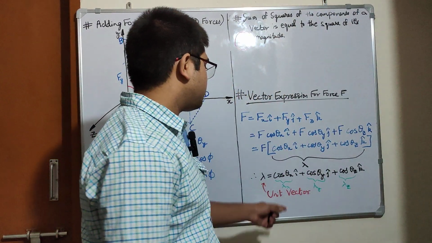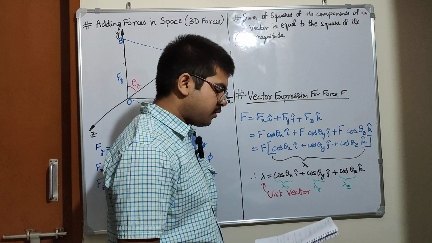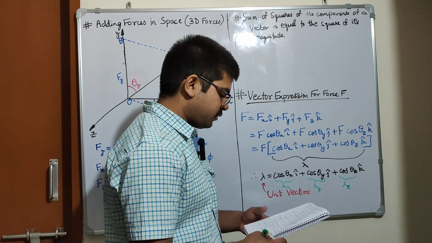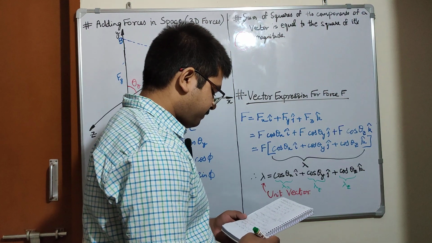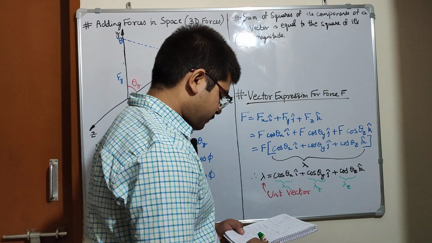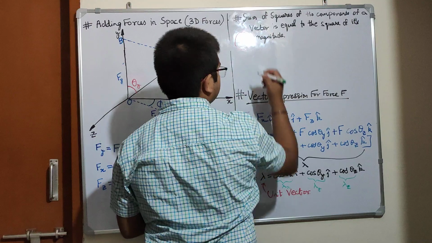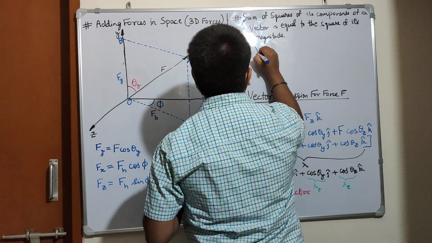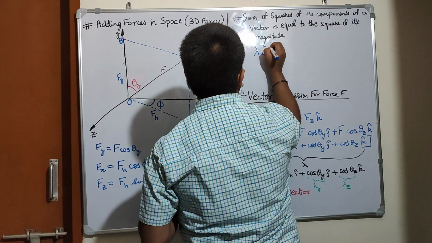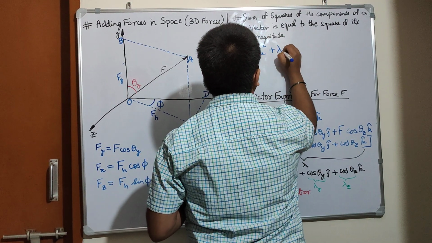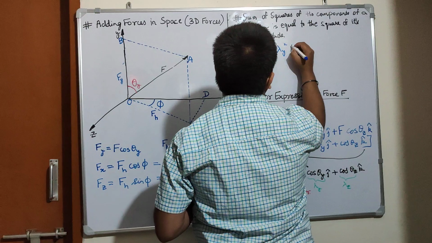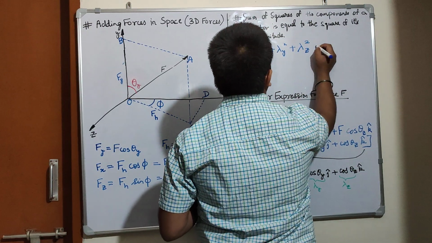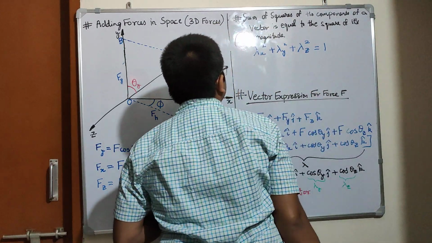Now, if we square all three cosines, then we will get 1. So what it says is lambda x square plus lambda y square plus lambda z square equals 1.